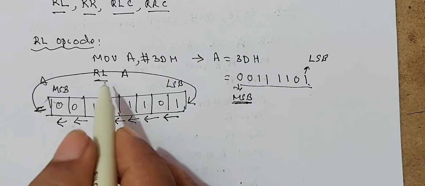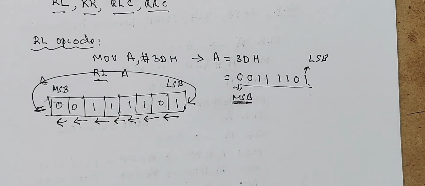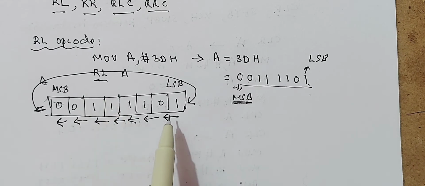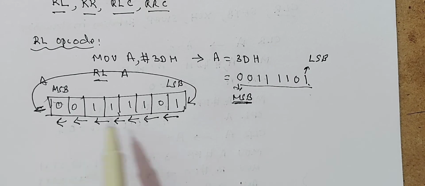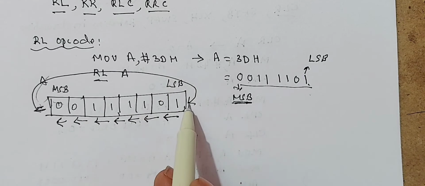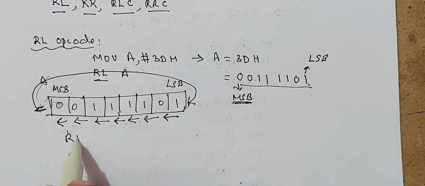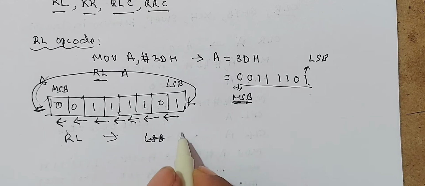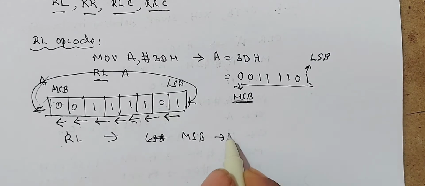That is called rotate left. In the RL operation, each bit is involved and each bit is shifted one by one to the left. When you perform this for all 8 bits, the MSB goes to the LSB. Therefore, in the RL rotate left operation, the MSB goes to the LSB.